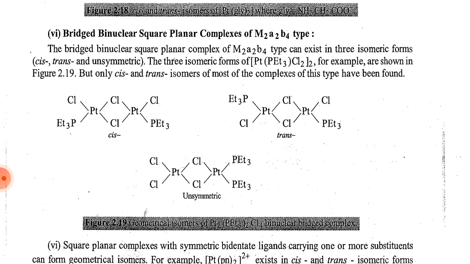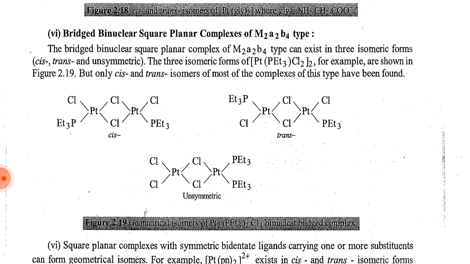Next is the bridged binuclear square planar complex of M2A2B4 type. A bridged binuclear square planar complex of Me2A2B2 type can exist in three isomeric forms: cis, trans, and unsymmetrical. The three isomers of Pt2(PEt3)2Cl4, for example, are shown in figure 2.19.